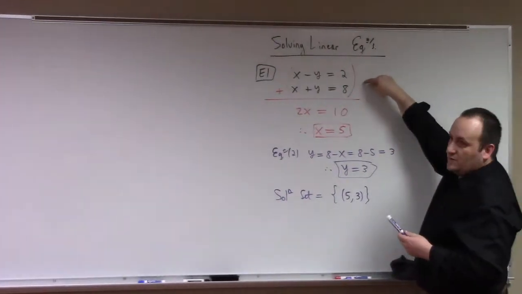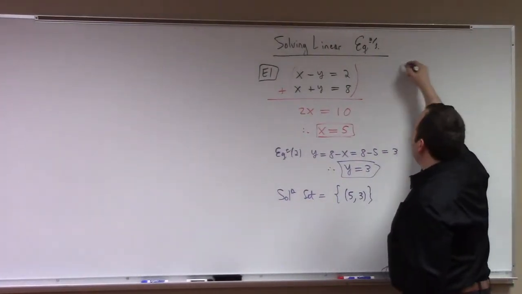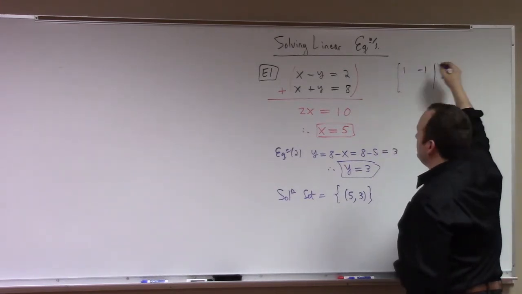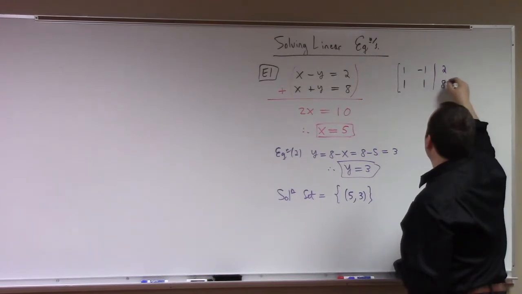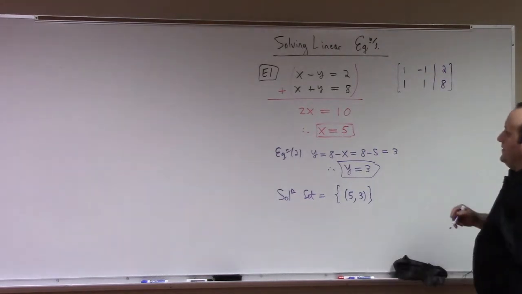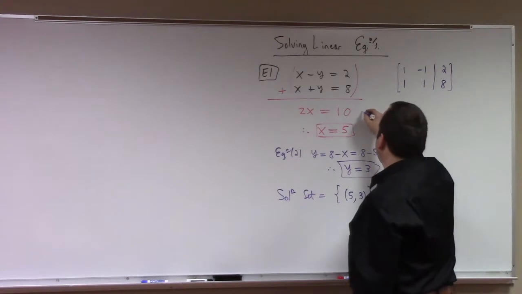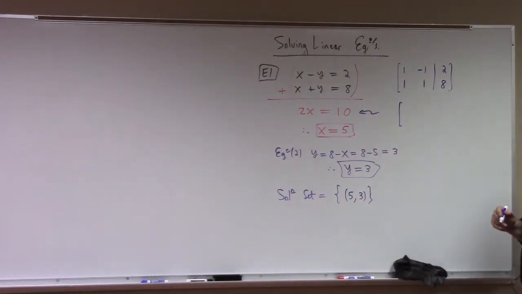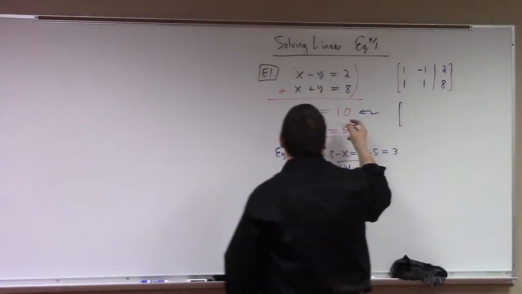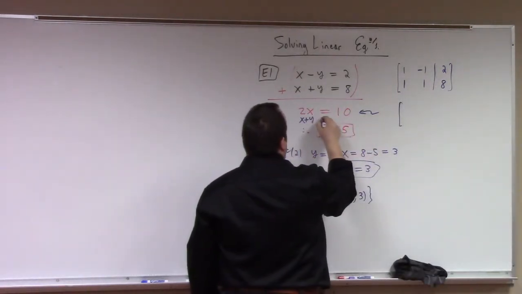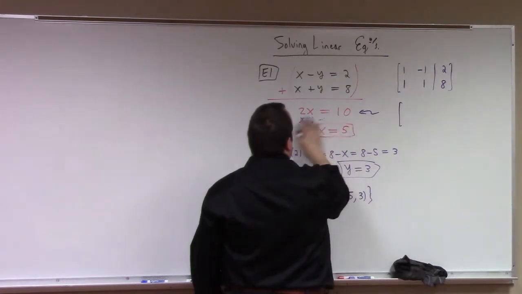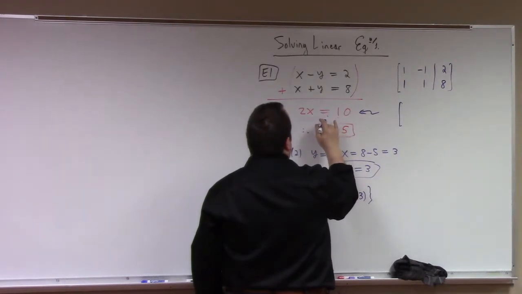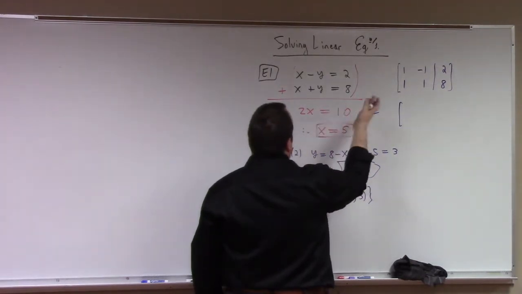What's the augmented coefficient matrix for this? 1, minus 1, 2, 1, 1, 8. And to be clear, x plus y equals 8 is, or maybe I should say, well, I got to keep one of the equations or the other.